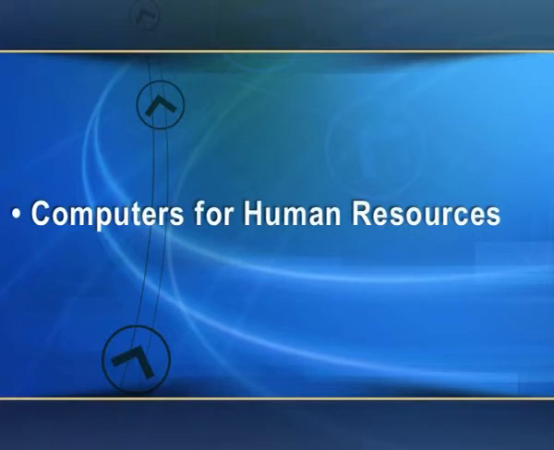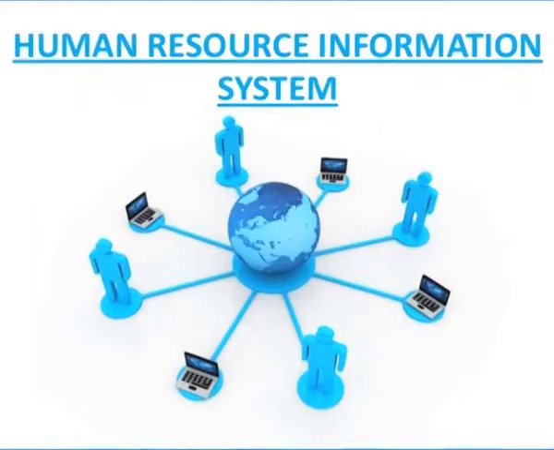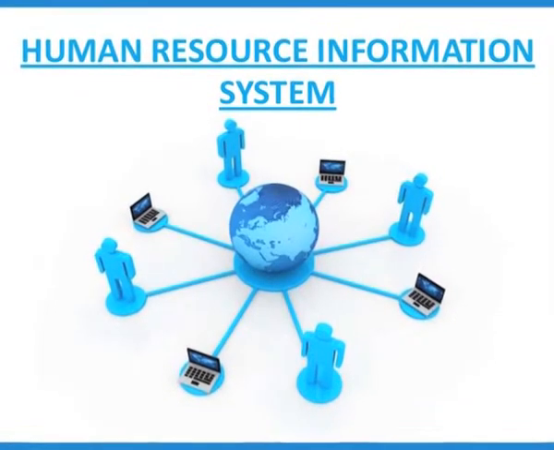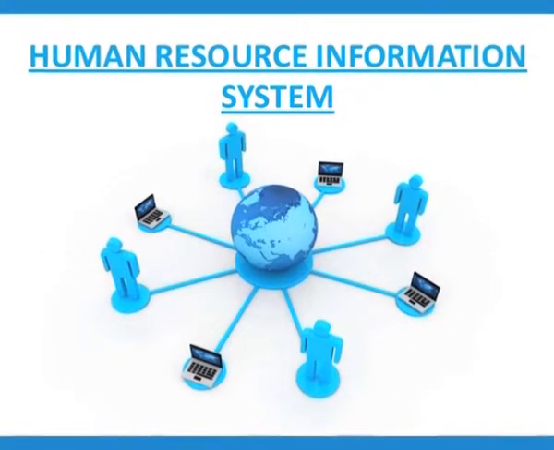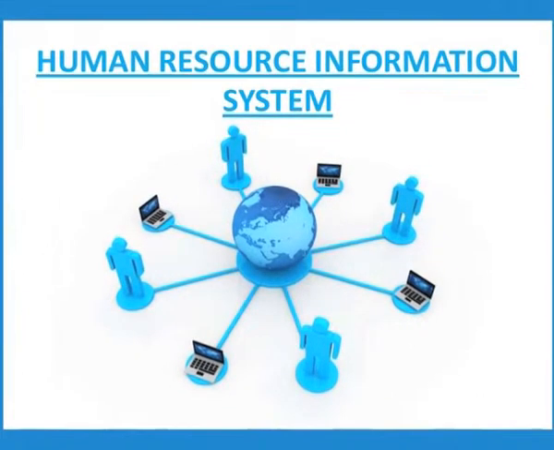Computers for human resources. Human resource information systems, called HRIS, are extremely popular, and HRIS enables quick, efficient processing of applications and many other functions. HRIS systems collect data for federal, state and local reports, such as equal employment opportunity forms some companies are required to send to government agencies.